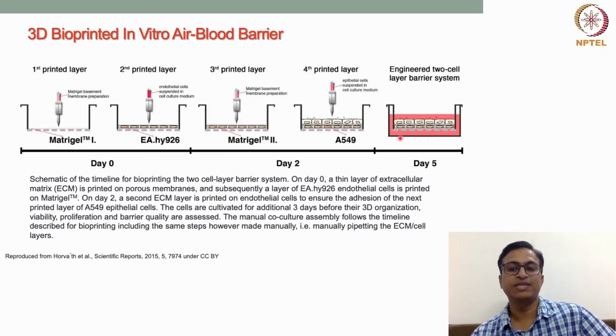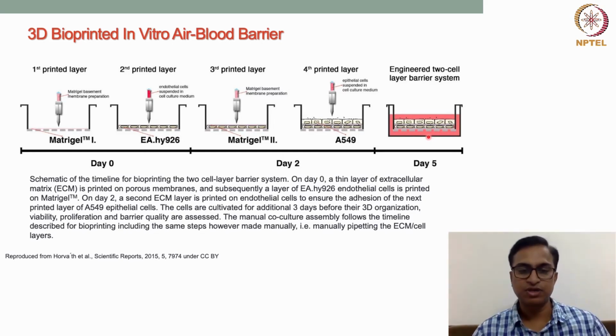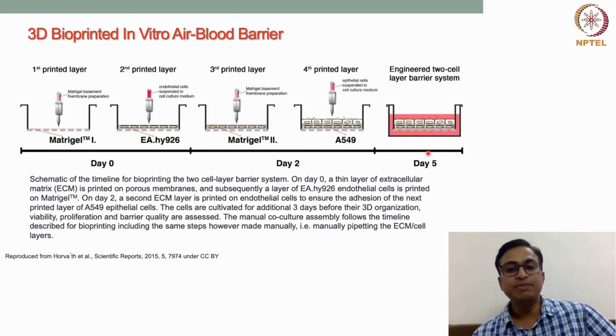Then they cultured the whole thing inside the media, where they provided all the necessary conditions for the maturation. Similarly, they followed the same process, but instead of bioprinting they manually seeded the cells. The material layer was first printed, and on top of that the endothelial cells were seeded.